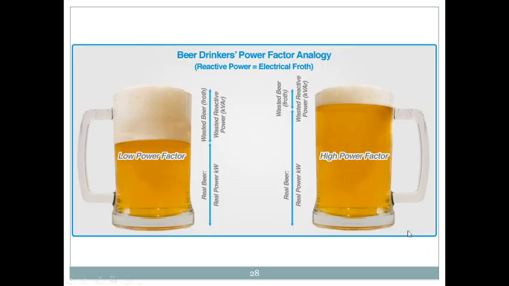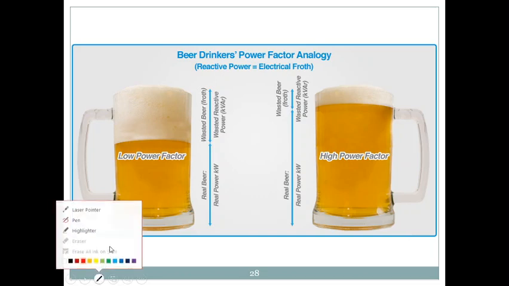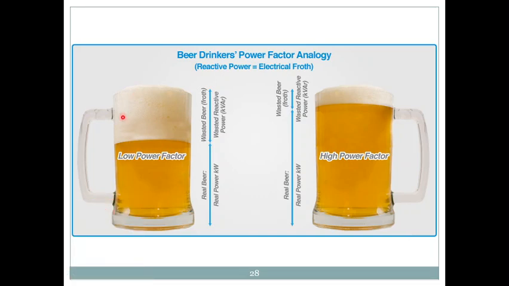Right, so this actually shows, now we were talking about this power factor thing, and this shows if you have more froth and less froth. Anyway, one thing that these boys know very well about this: you go to the pub and you order beer, and what you get is either this or this.